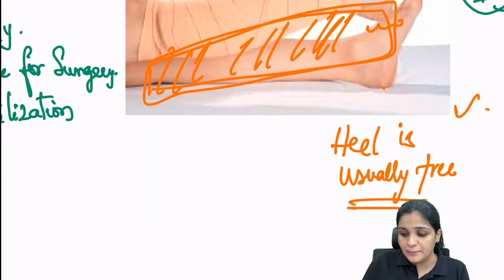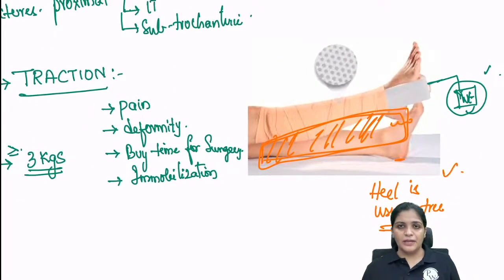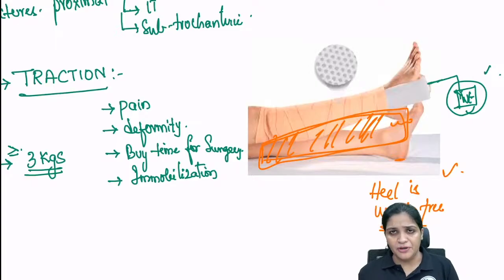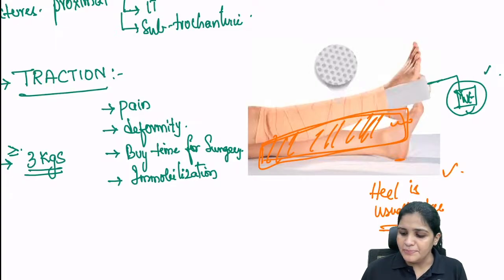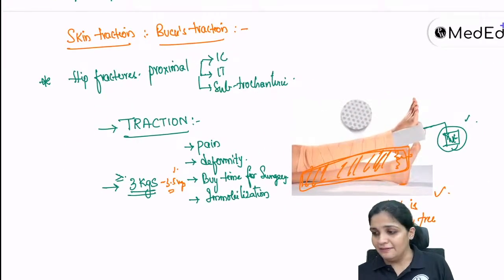They might develop skin sores by putting pressure on that particular area. Those are some of the pressure points; the heel is a pressure point. So you will put the pillow up till here, leave the heel free, and now you hang the weight to it. Usually 3 to 3.5 kgs can be used depending upon the patient's weight. So this is called the skin traction or the Buck's traction.